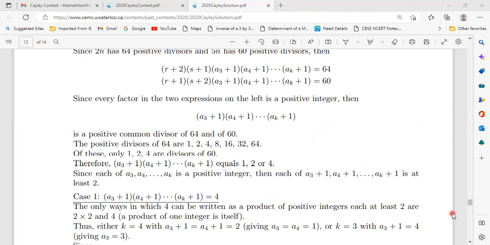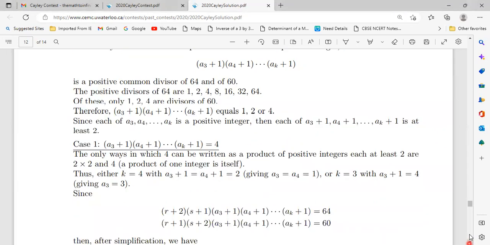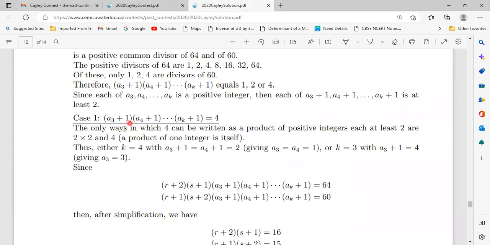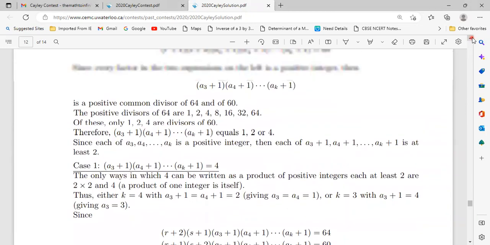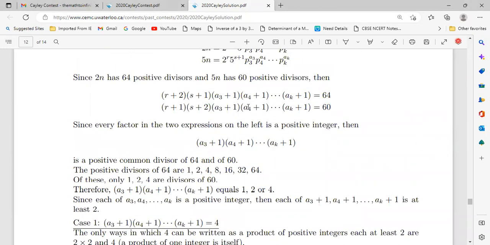So let's discuss this case by case. Here you have a3 plus 1, a4 plus 1, ak plus 1. We are segregating this part into two. So let's assume this is one of the common divisors of 64 and 60.